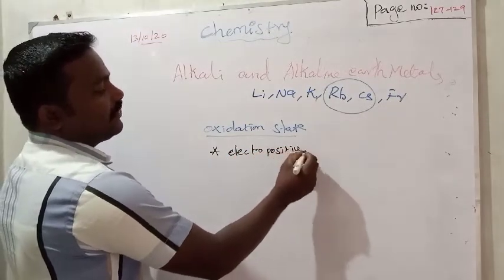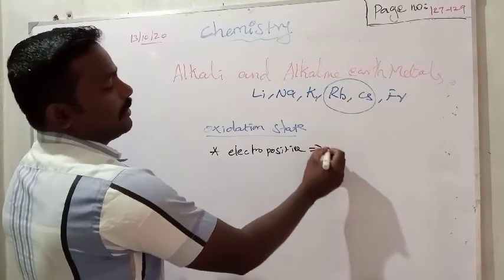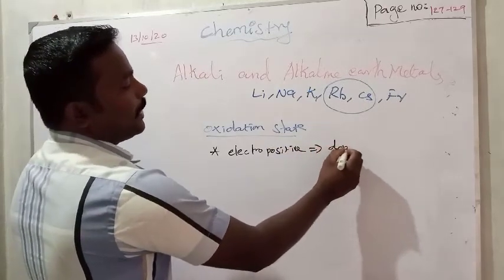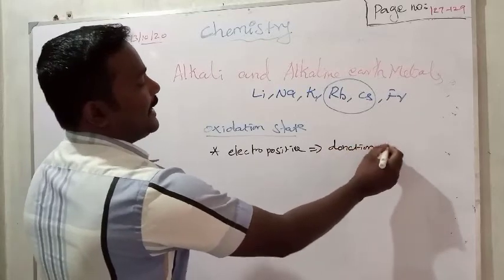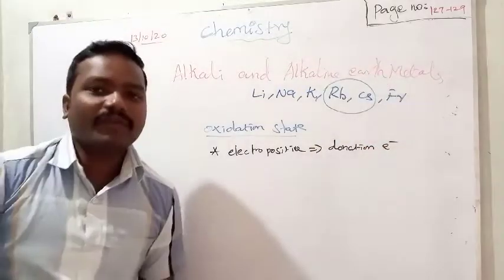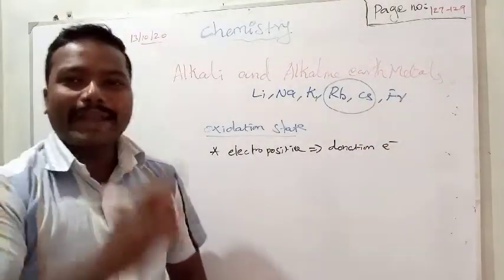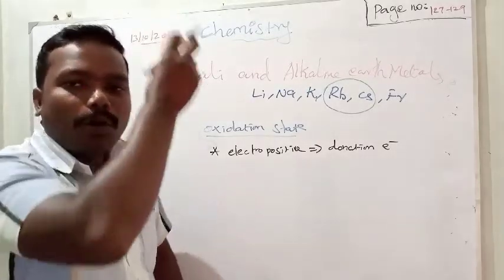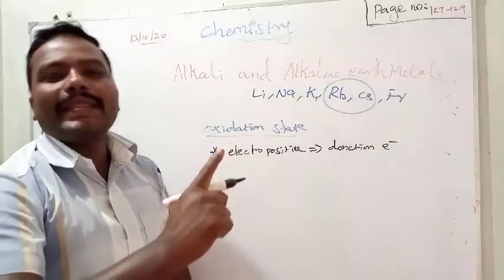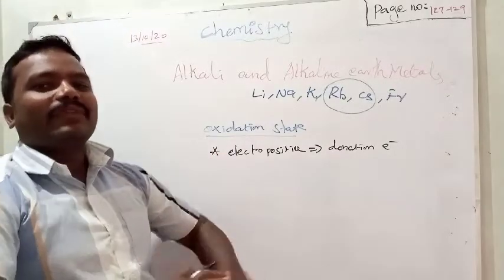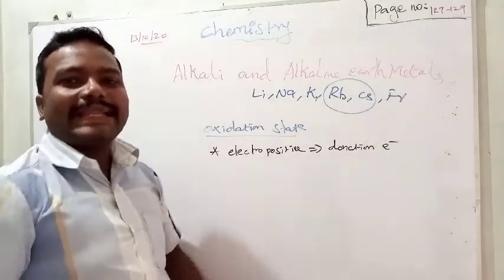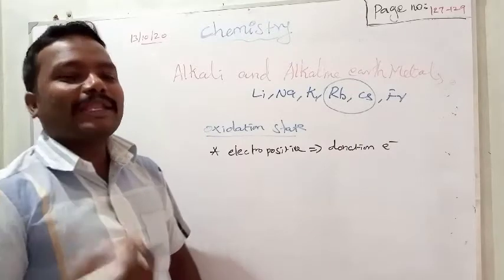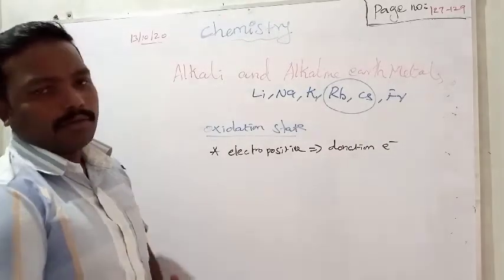Readily they will donate electrons. How many electrons will they donate? Only one electron. Just as we have studied in the electronic configuration, all the valence shells have only one electron. That electron it will donate, so it will attain the nearby noble gas inert configuration.